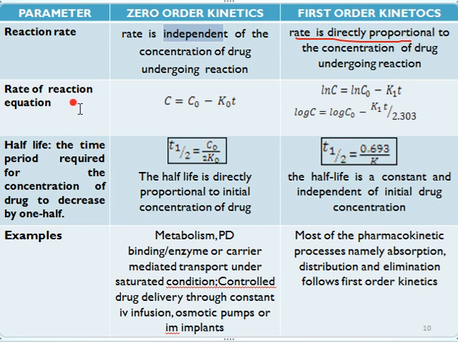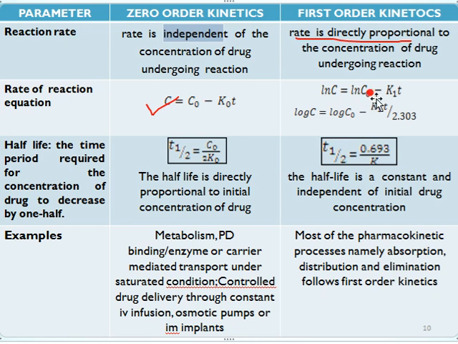The rate equation, if you integrate the equation between the two limits of concentration and time, the final equation that you get for zero order kinetics is C is equal to C0 minus K0 into T, where C0 is the initial concentration at time t, C is the final concentration at time t, and K0 is zero order rate constant.